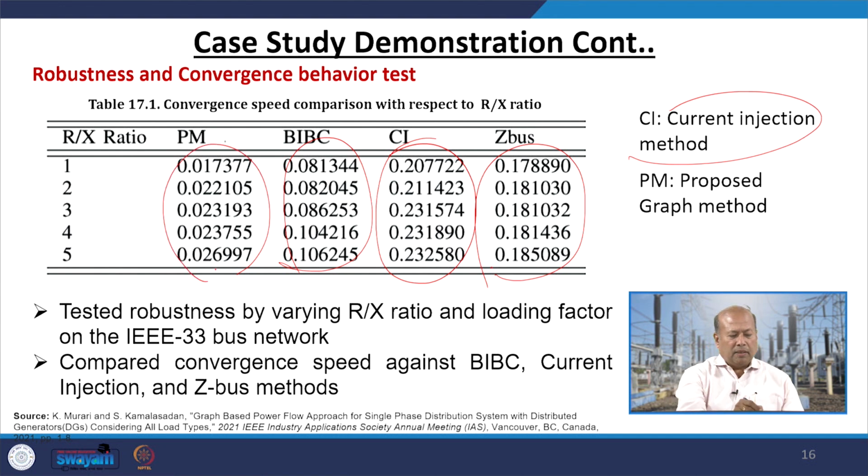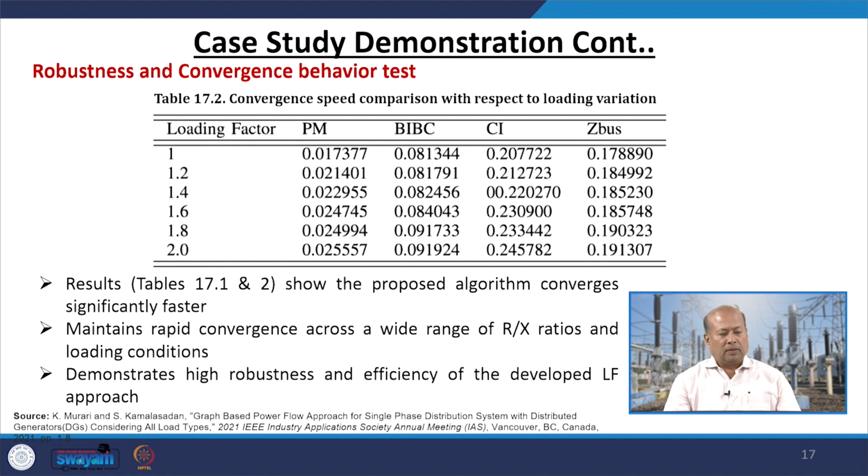If you see, the proposed method is not very far away from the other classical methods. Further, the robustness and convergence behavior with different loading factors has been tested, and the proposed method is still performing as expected. The results in tables 17.1 and 17.2 show the proposed algorithm converges significantly faster and maintains repeat convergence across a wide range of R by X ratios and loading conditions.